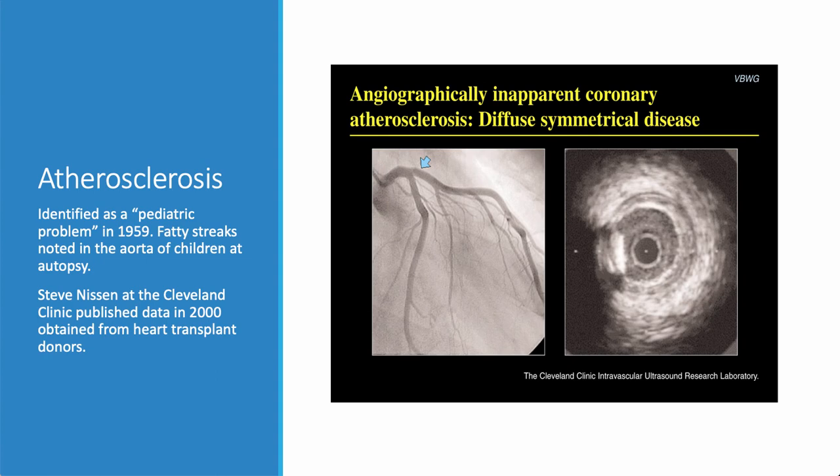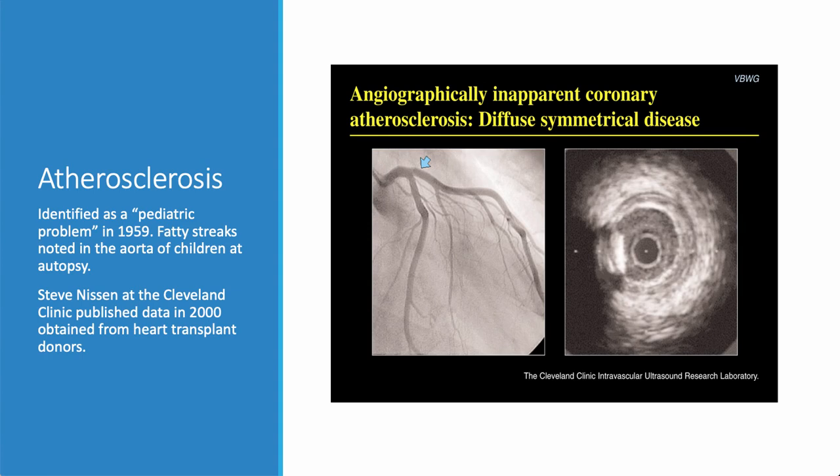In the 1950s, they were doing studies. The Bogalusa heart study was started in the 50s, where they studied children who were killed in Bogalusa. Is that Alabama? Mississippi? I don't remember. But anyway, Bogalusa.